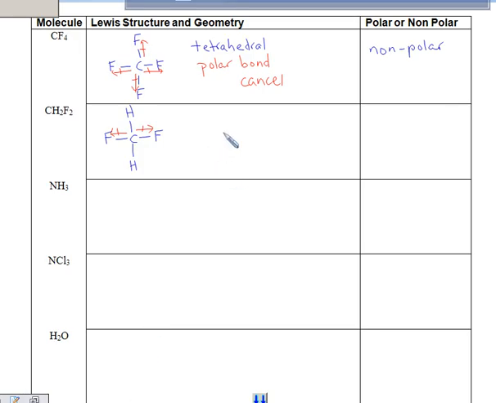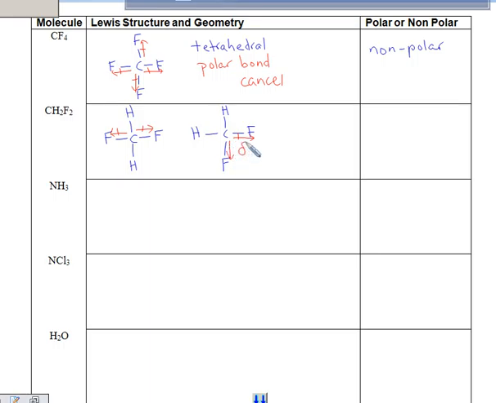So we can just as well draw it if we turn it in 3 dimensions so that it looks like this. In which case you can see that the electron density is being withdrawn towards one side of the molecule.